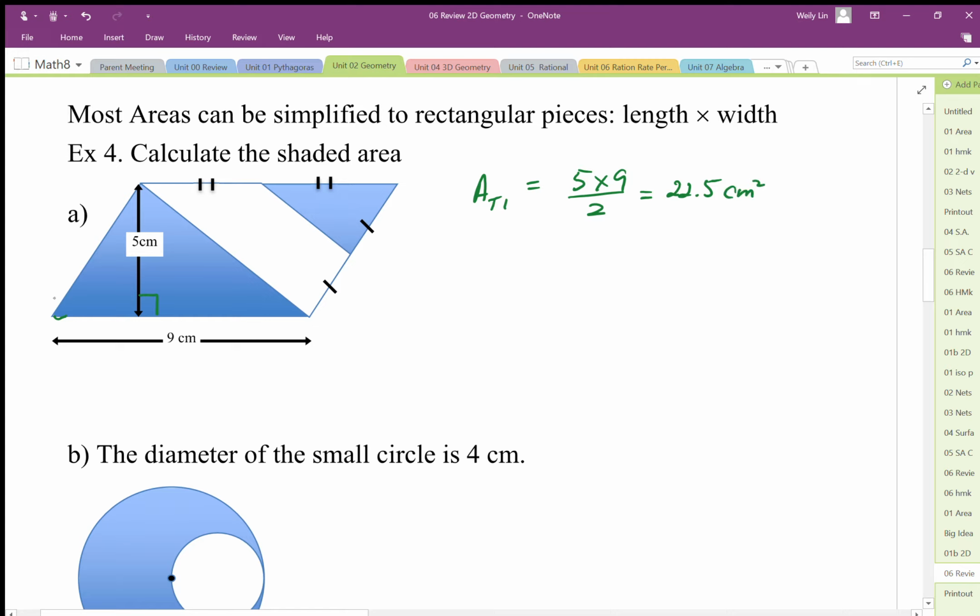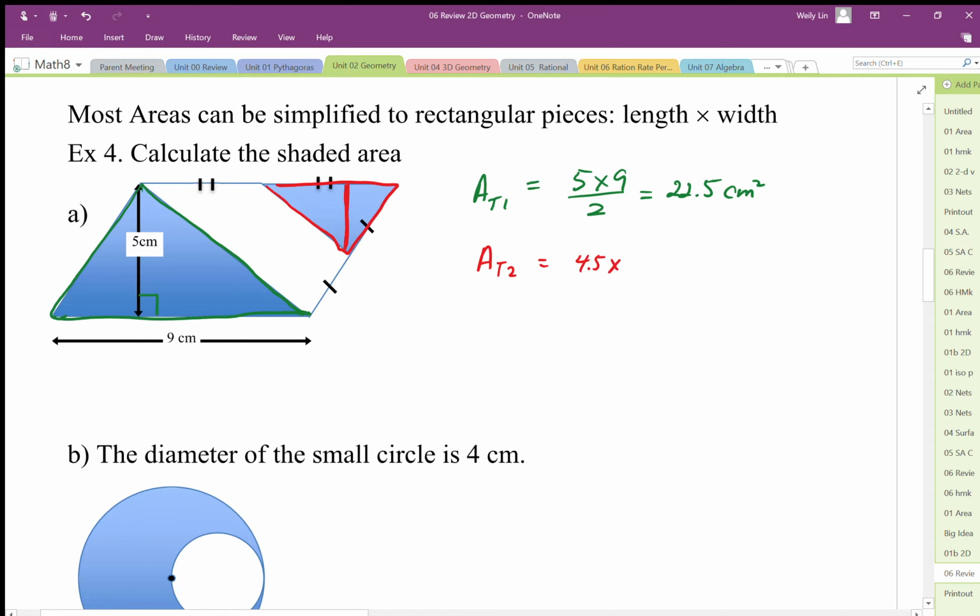That represents this triangle here, and then we have to figure out the area of the smaller triangle, which we'll call triangle 2. Area of triangle 2 is the base times the height divided by 2. We know the base is going to be half of 9, so 4.5. But what is the vertical height?